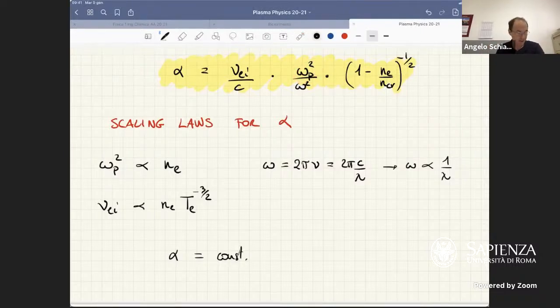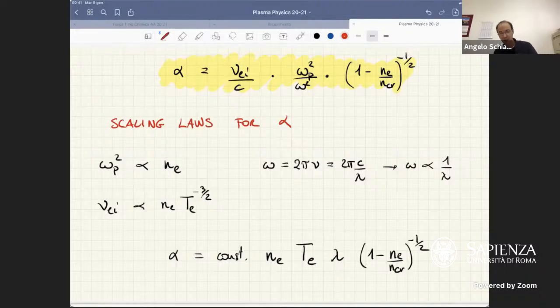Then we first write the relevant terms: electron density times the temperature of the electrons times the wavelength of the laser, and then the final term as a function of the electron density and the critical density of the laser.